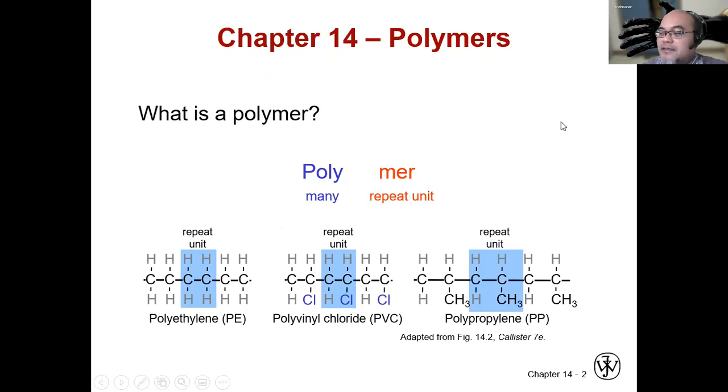So what is basically a polymer? In contrast with the previous 2 types of material, in metals we have mostly the heavy elements like iron. Well, there are some light elements like lithium or sodium, which are also considered metals.